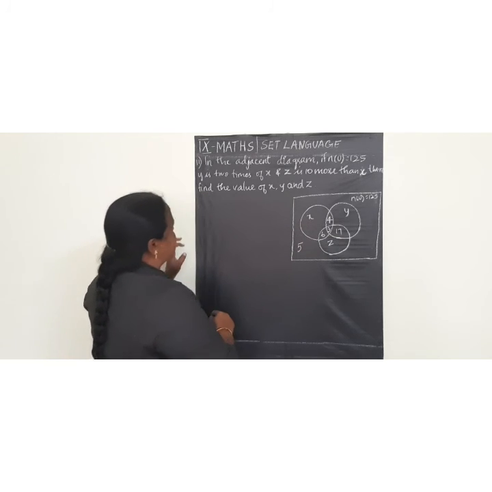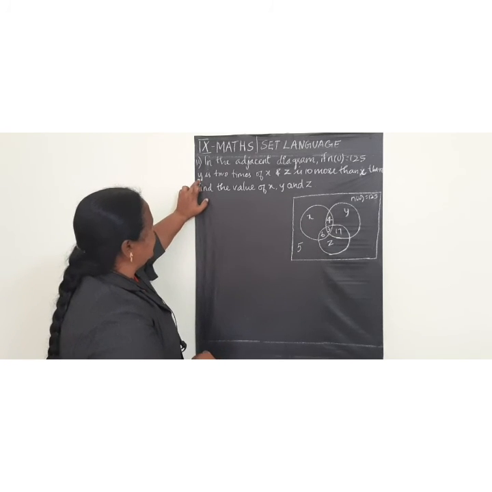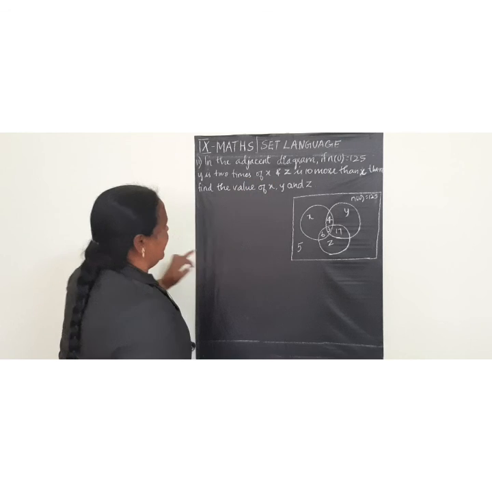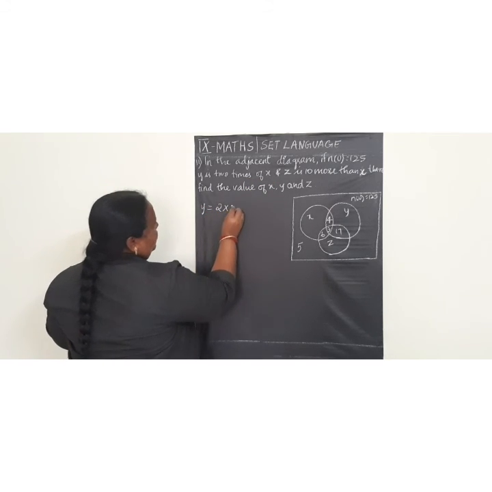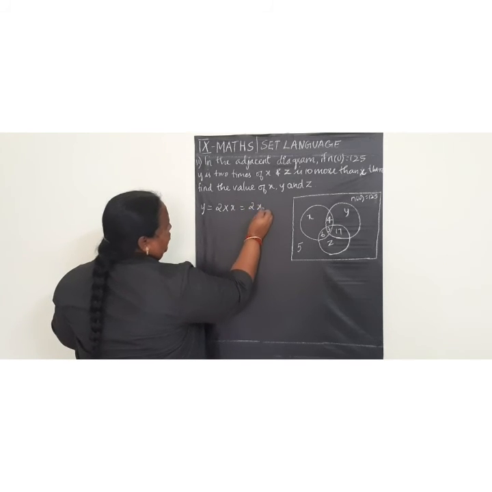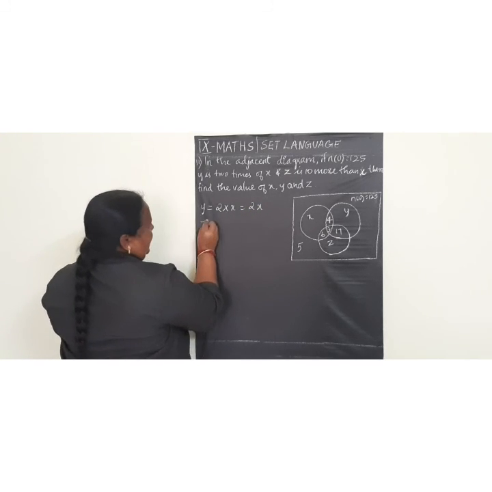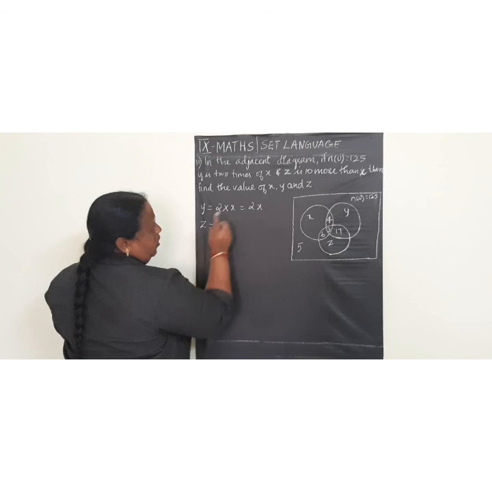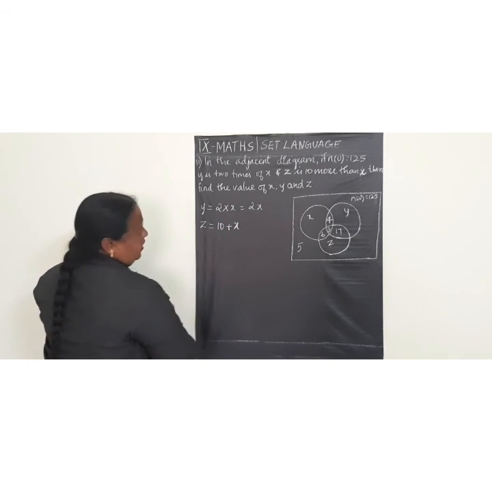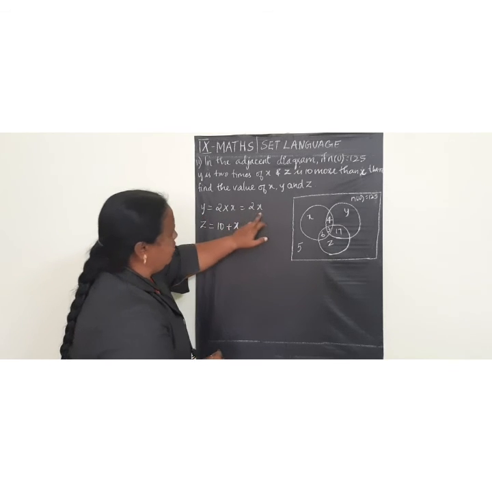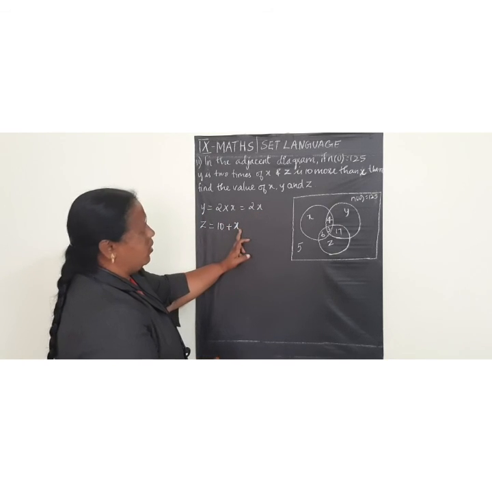3. Next, they have given the instruction: y is 2 times x, that means y is equal to 2x. Then z is 10 more than x, so z is 10 plus x. Y is equal to 2x, z is equal to 10 plus x.